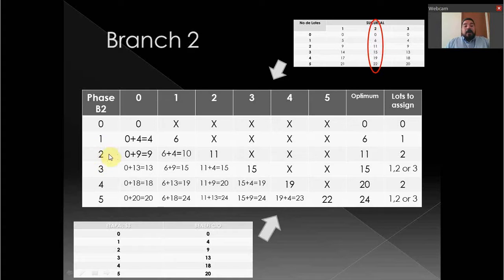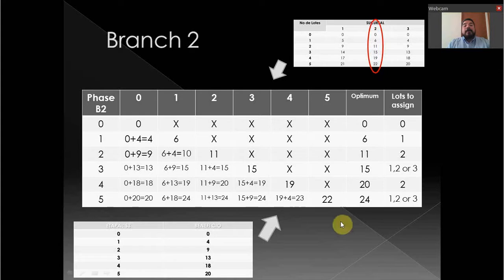If I have 2 lots left in branch number 2 and I decide to assign 1, the benefit of assigning 1 lot in branch number 2 is 6, and I have 1 lot left, so I assign it to branch number 3, and the maximum benefit of having 1 lot in branch number 3 is 4.